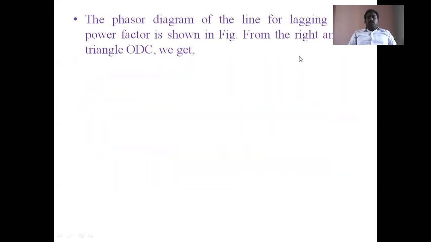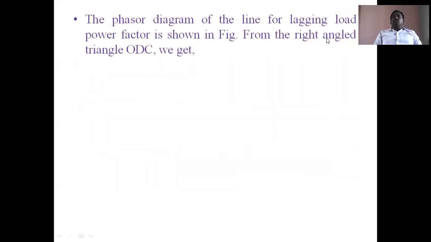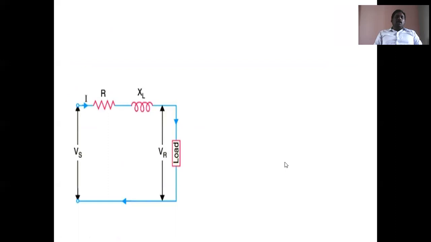Next, coming to the phasor diagram of the performance of short transmission line. In the equivalent circuit, resistance is there, inductive reactance is there.